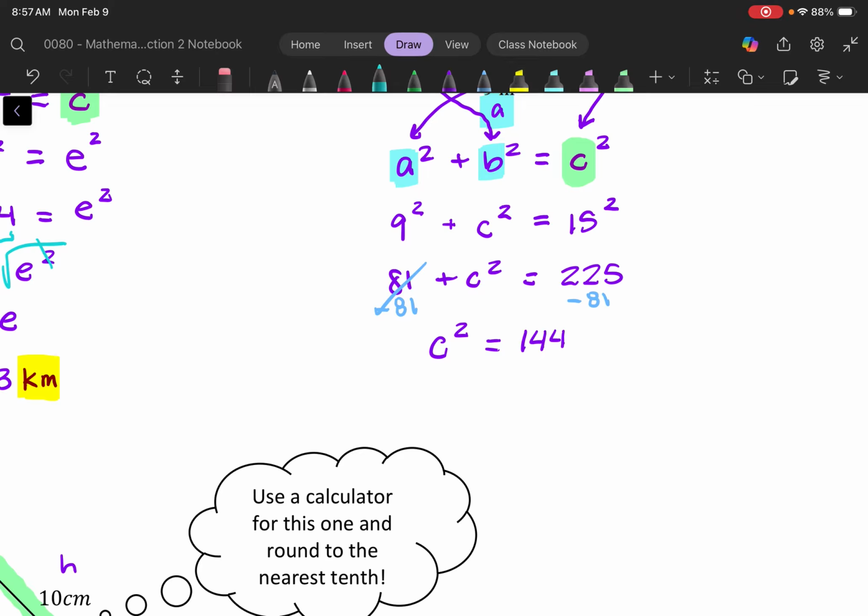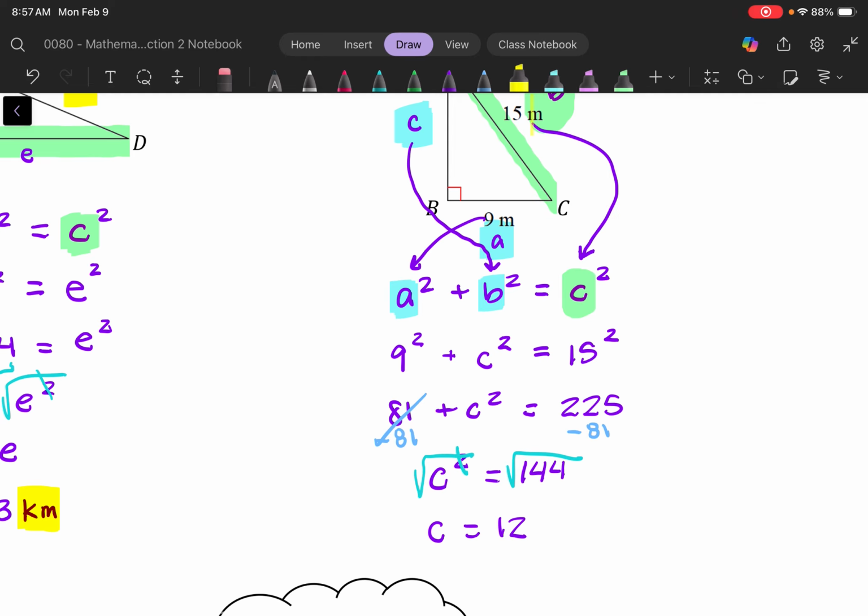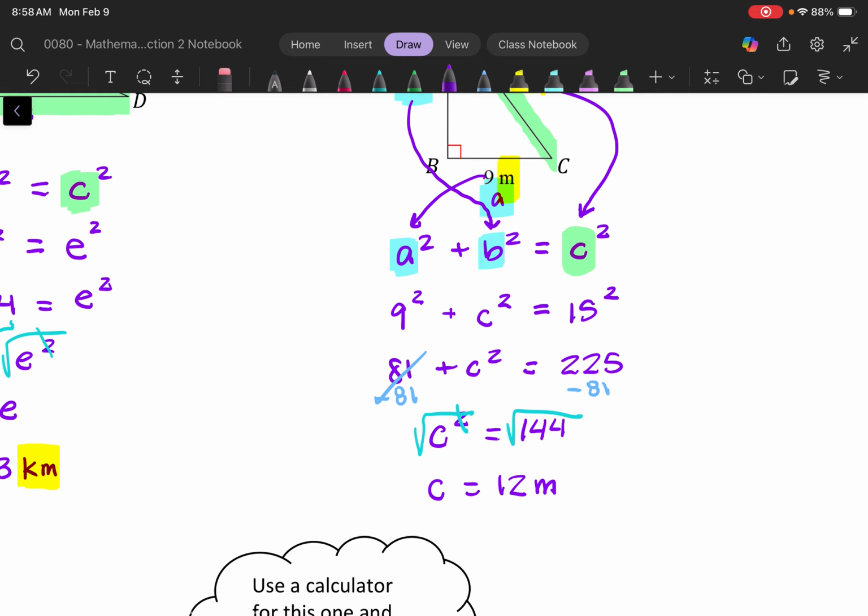And I'm like, C is being squared. To undo squared, I'm going to square root it. I'm going to do it to both sides. And I get C is equal to 12. And again, I'm looking for my units at the very end. 12 what? 12 meters. Because all of the other side lengths in this triangle are measured in meters.